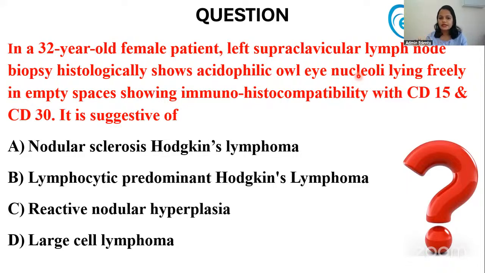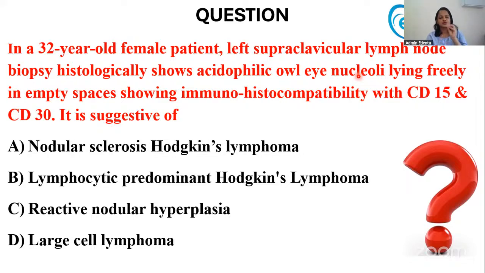Now we need to look at which type of Hodgkin's lymphoma will show these Reed-Sternberg cells with empty space around them, histopathologically and immunohistochemically. Immunohistochemistry is an advanced technique that we can do after the biopsy procedure, so that we'll be able to identify special types of cells or the special origin of the tissue or the cancer.